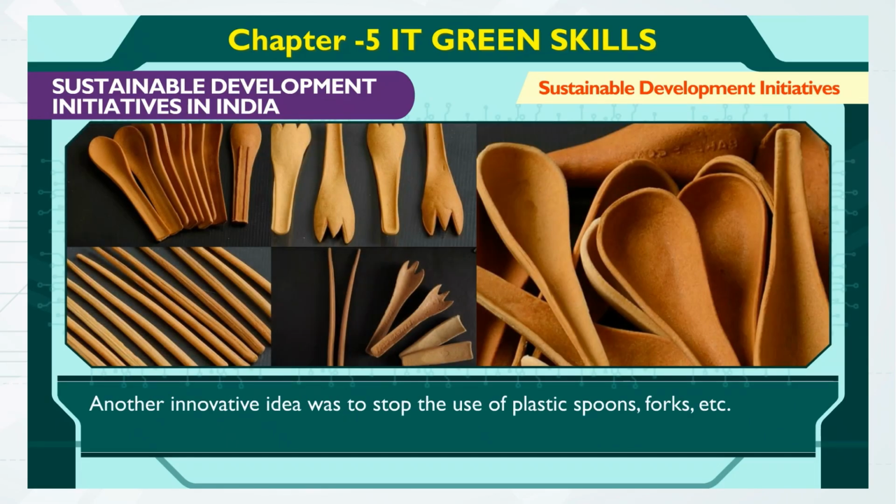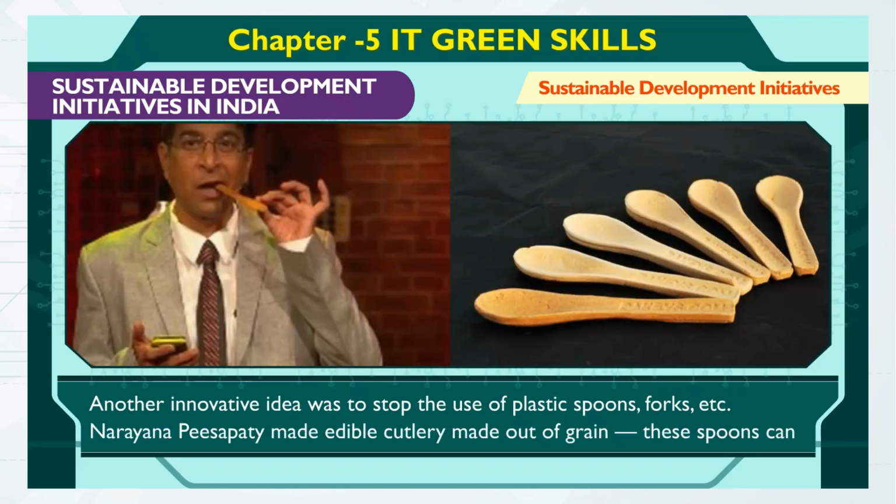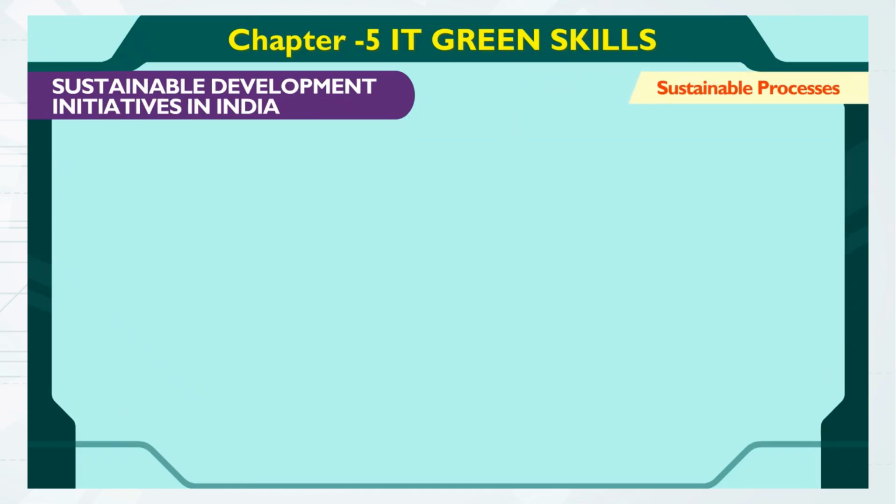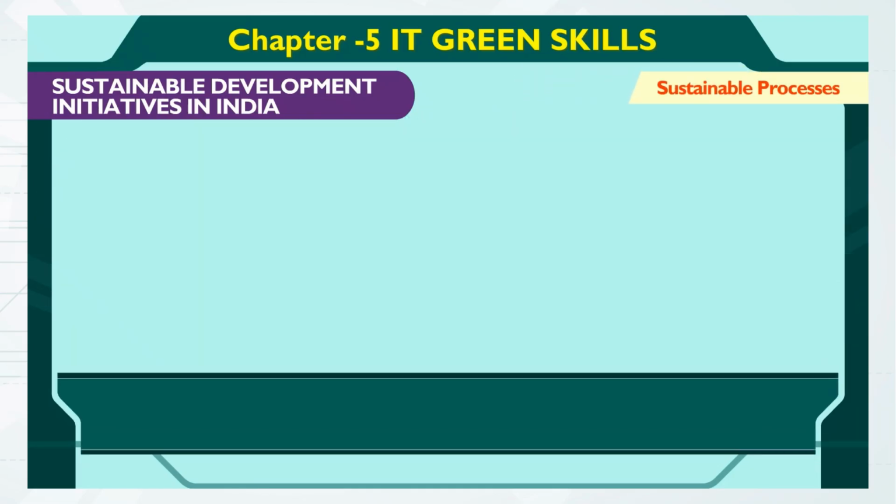Another innovative idea was to stop the use of plastic spoons, forks, etc. Narayana Pisapati made edible cutlery made out of grain. These spoons can be eaten, and even if they are not eaten, they will easily decompose in the soil, enriching it. Sustainable processes.